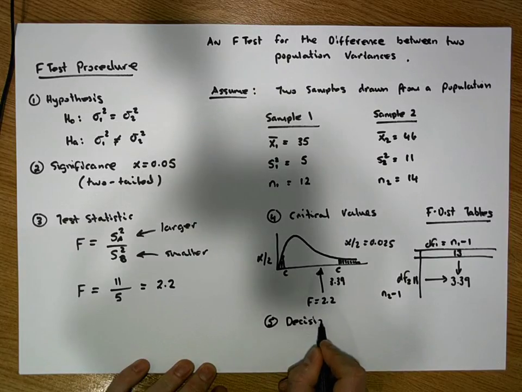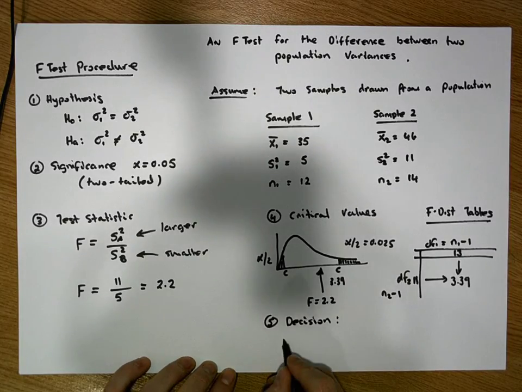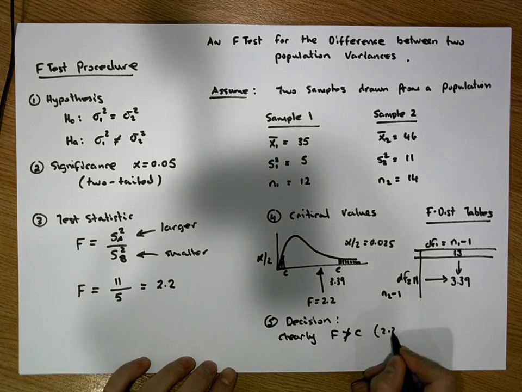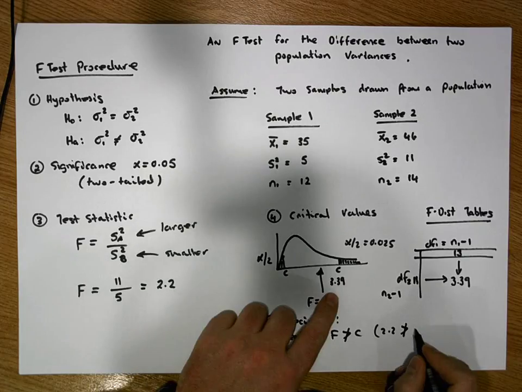Clearly our F is not bigger than our critical value; 2.2 is not bigger than our critical value of 3.39.